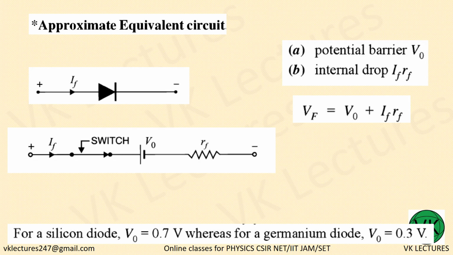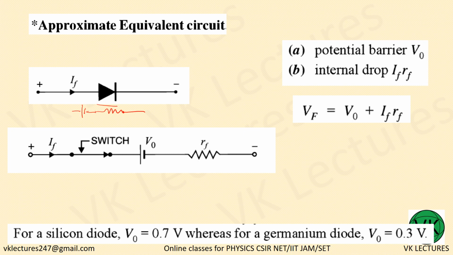Now to have an equivalent circuit, when we have a diode, how to draw that equivalent circuit? As we have already said, in this diode there is a potential developed, as well as there is a small resistance offered by this diode, the material property of this material.